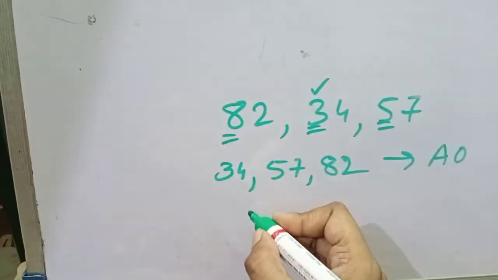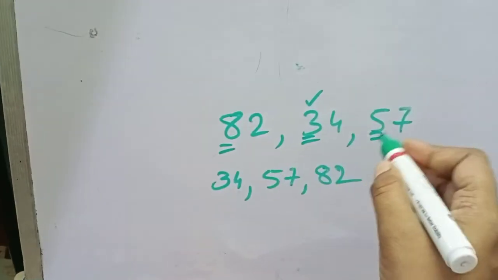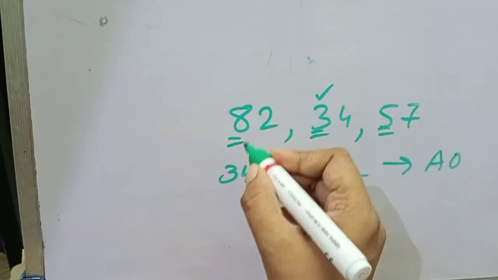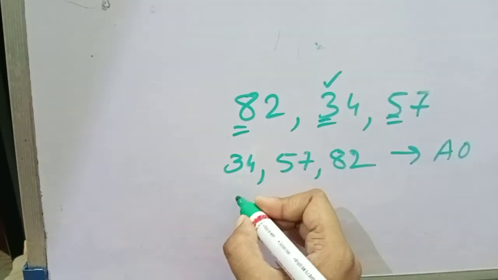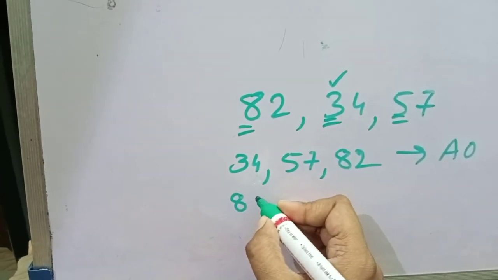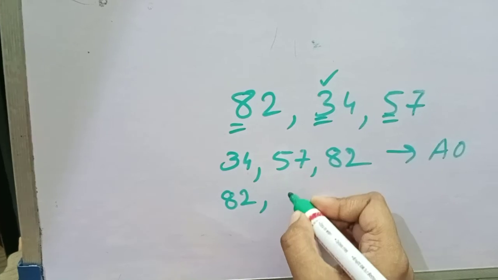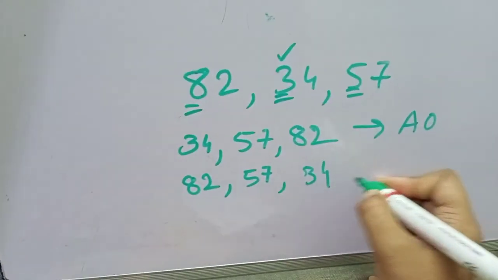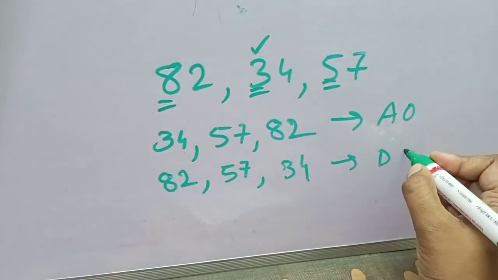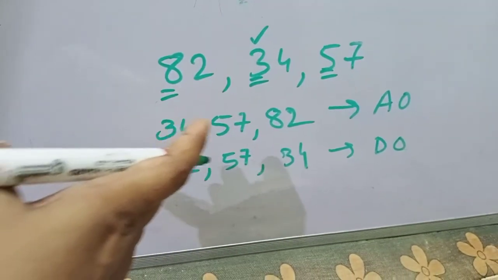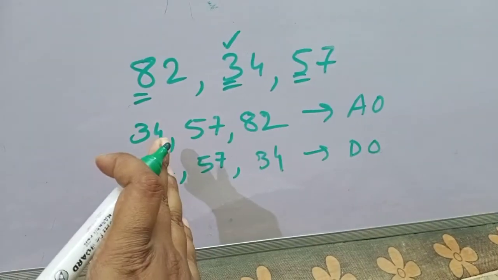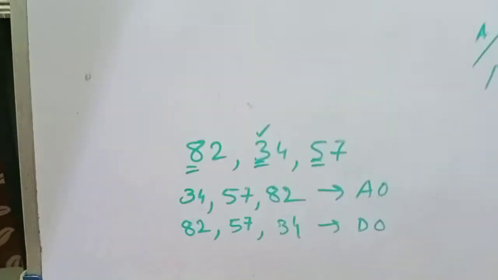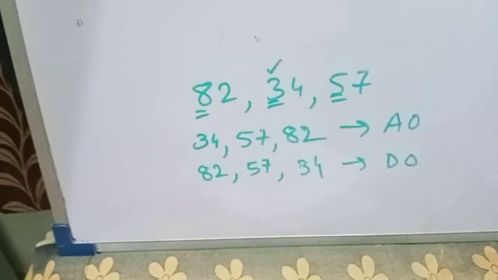Likewise, if I again consider the tens place digit, this number has the highest value, so 82 is the highest. Then comes 57 and then 34. So this is in descending order, from higher steps to lower steps. And this is from lower steps moving up. That's all in this chapter.